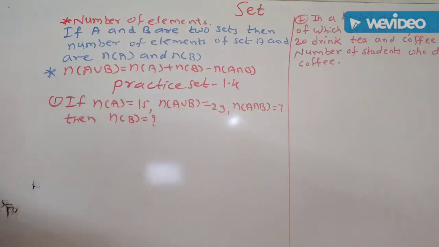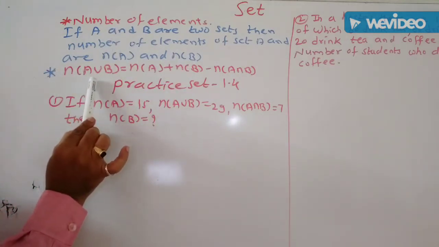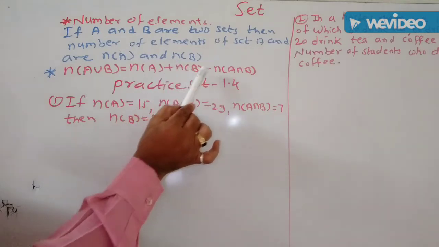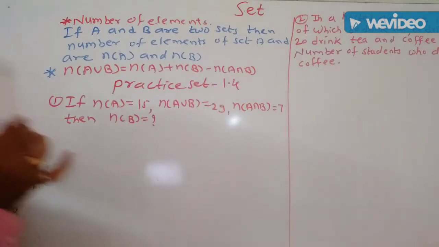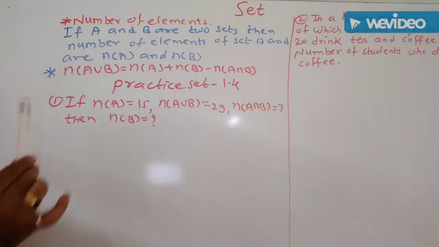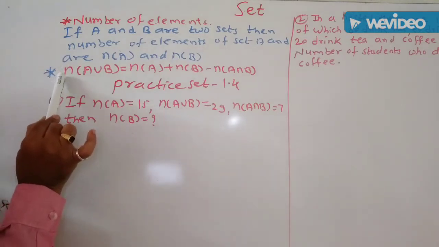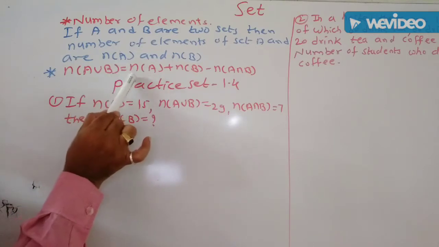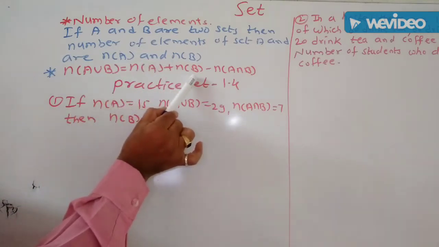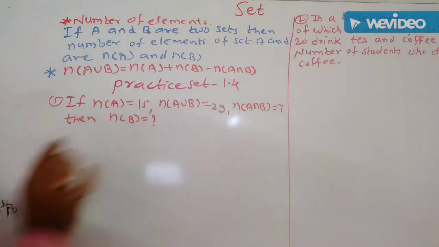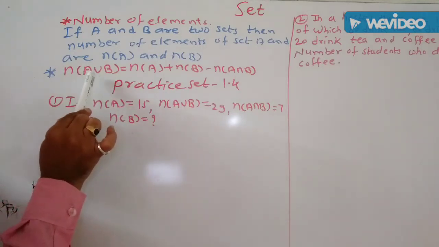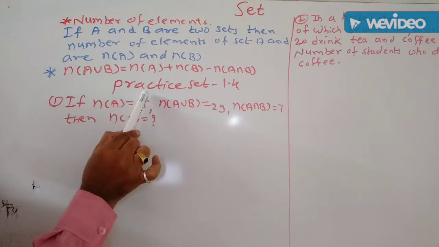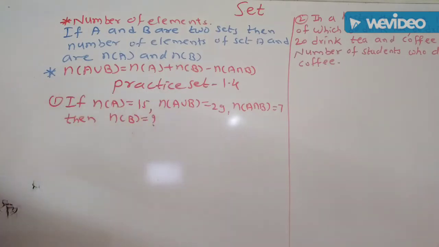Then there is the relation between n(A union B), n(A), n(B), and n(A intersection B), which is most important for solving the practice set 1.4. What is the relation? n(A union B) is equal to n(A) plus n(B) minus n(A intersection B).